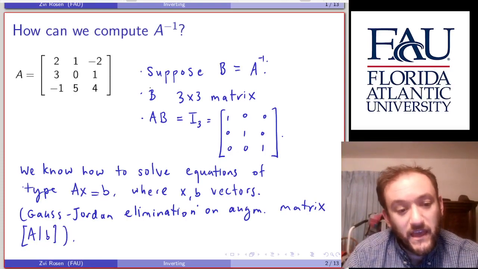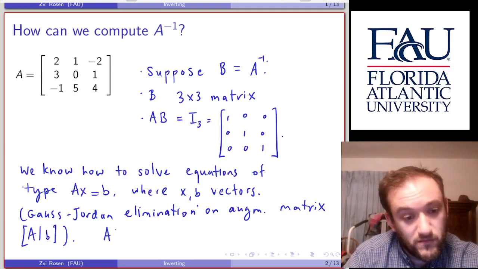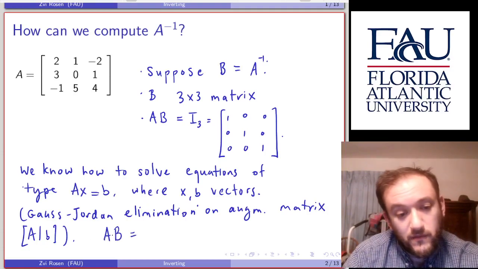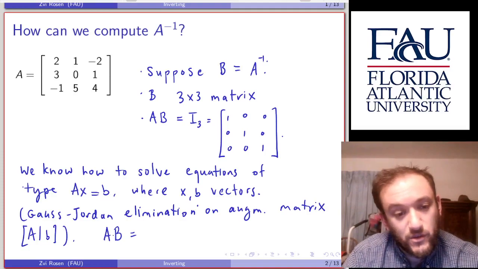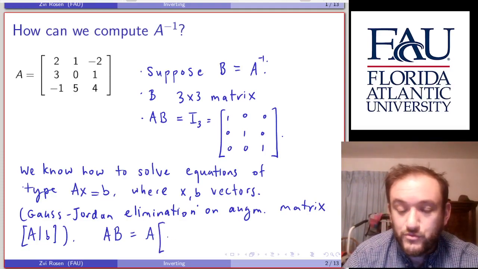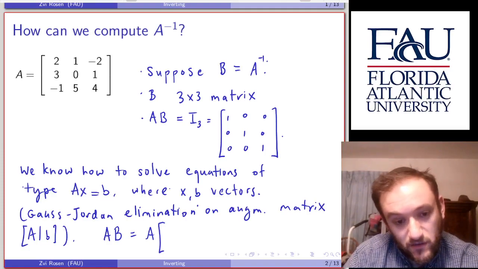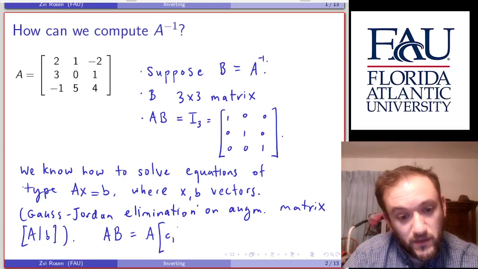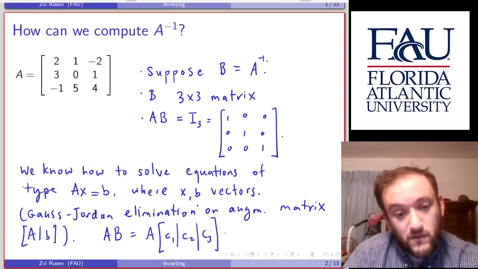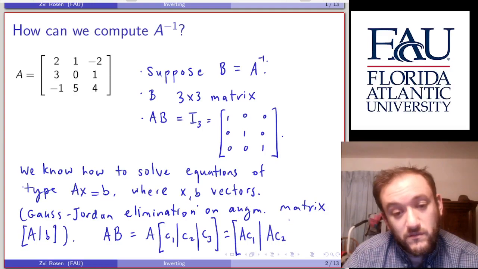Well, I know that AB, another way of writing this is I could take A and then treat each of the columns of B separately. So let's call the columns C1, C2, and C3. Then the result of this multiplication is another 3 columns, AC1, AC2, and AC3.